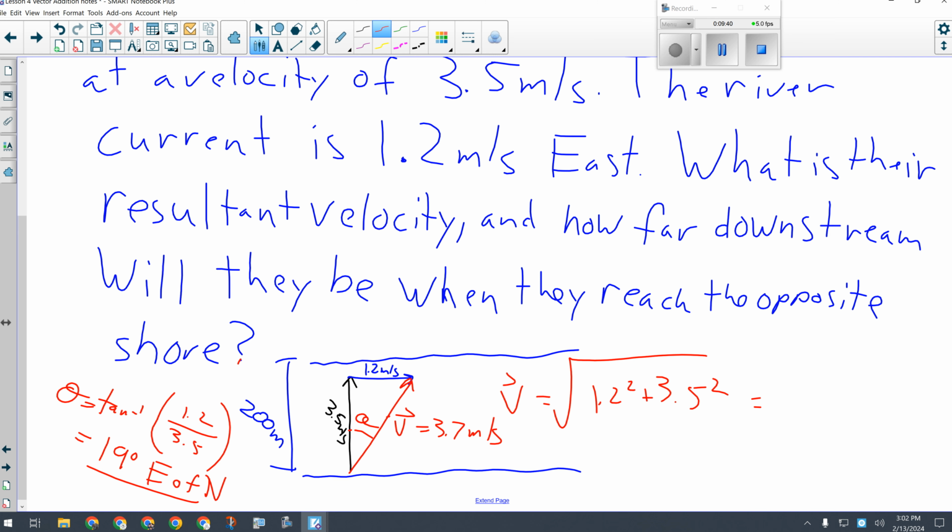This is two v equals d over t calculations. Two of them. So what I'm trying to find is how far downstream the boat ends up, that distance there.